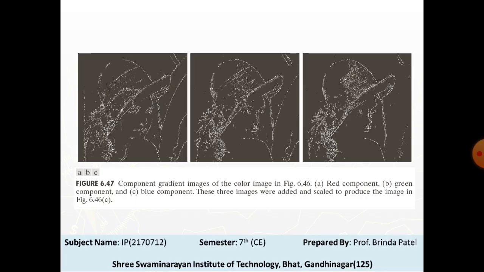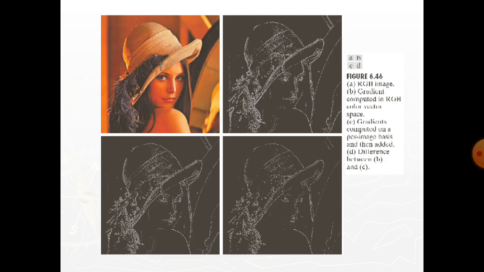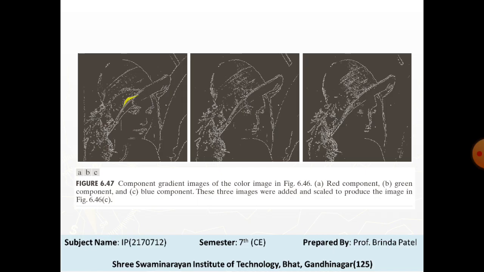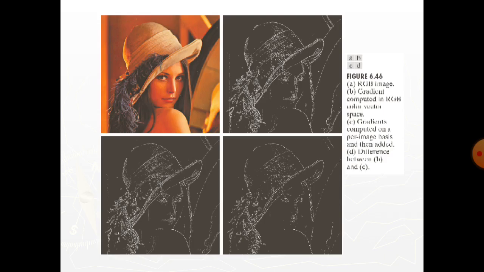This is the component gradient images of the color image. In figure A here is the red component, figure B is the green component, and figure C is the blue component. So these three images are added and scaled to produce the image in figure C. Thank you.